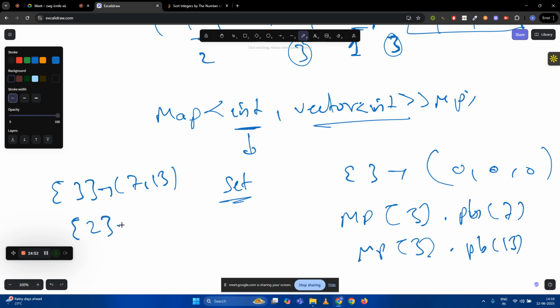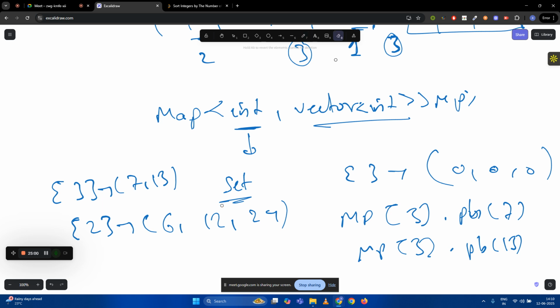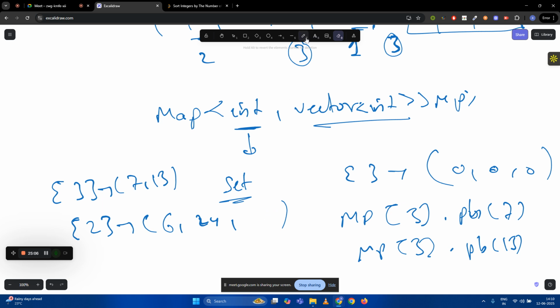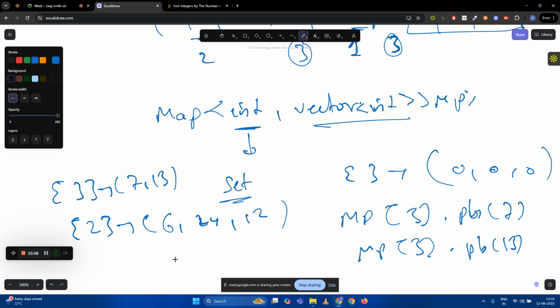Let's say 2, you're having 6, 12, 24, or let's say 24 in between, 24 and 12, in order to solve it in a beautiful way. And similarly for all the numbers, let's say for 1 you are having 4, 8 and 2 in this way. So you get a hash map where key is your number of set bit and value is actually a vector of those numbers.